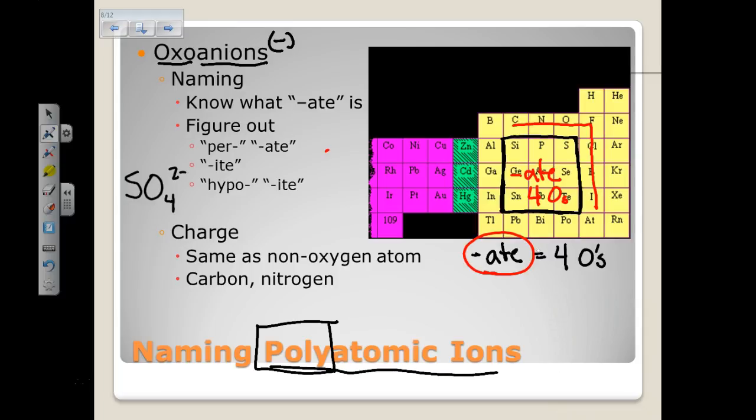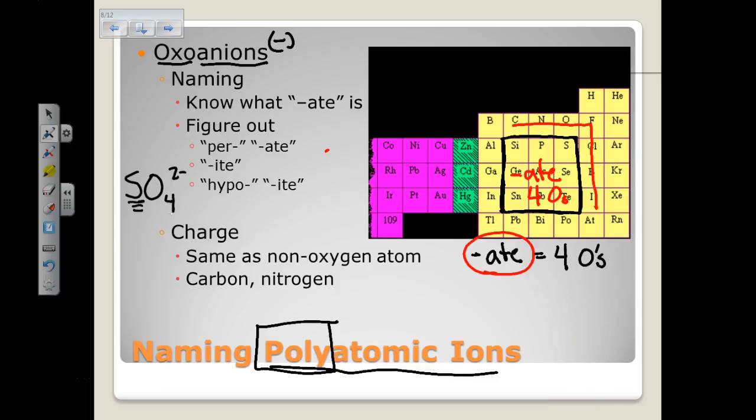2-. So what I'm going to do is look for the non-oxygen atom. The non-oxygen atom is inside the ate box. So that ending, ate, applies to 4 oxygens. Does this have 4 oxygens? Yes, it does.